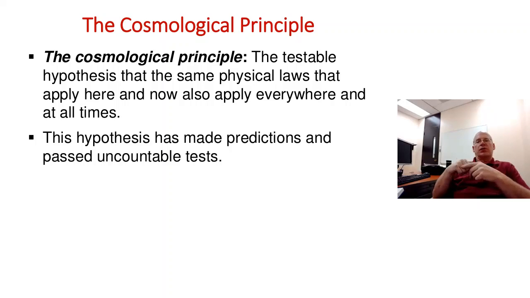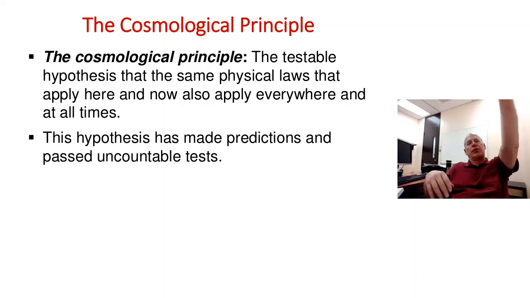The cosmological principle is our theory and our testable hypothesis that the same physical laws apply on Earth as they do anywhere in the universe at all times. So if I do a physics experiment on Earth, the same result would happen on Mars. Same would happen on Alpha Centauri.